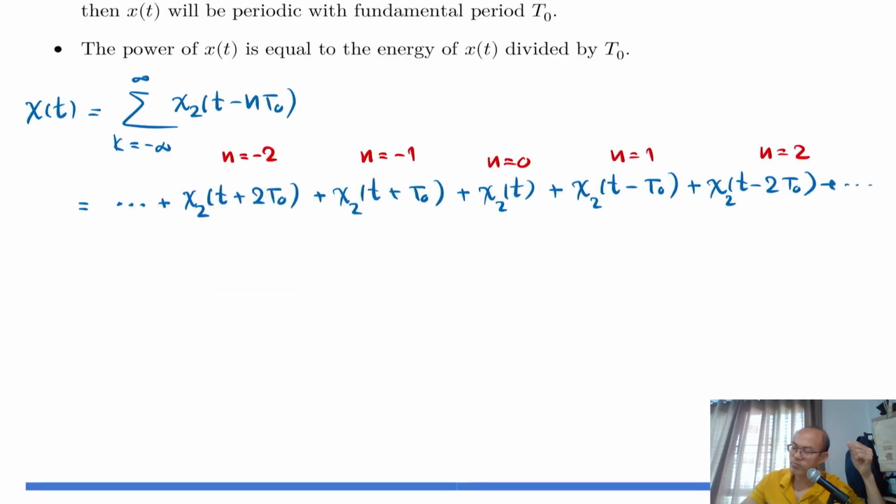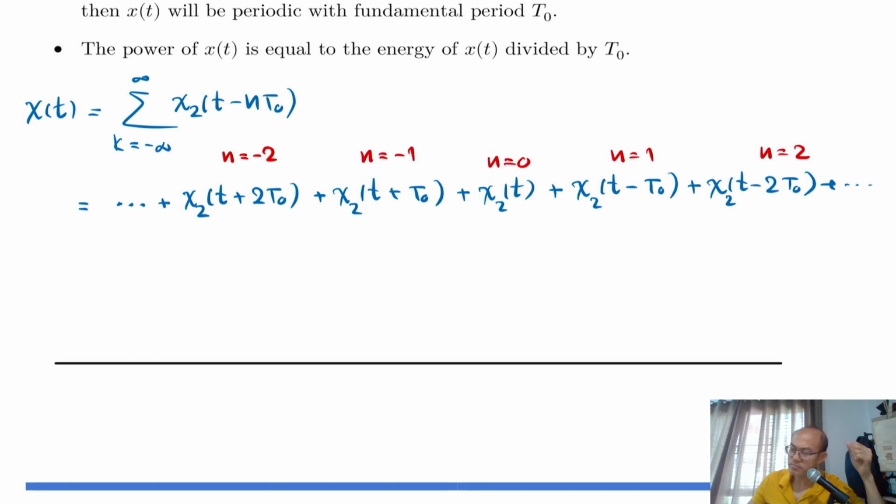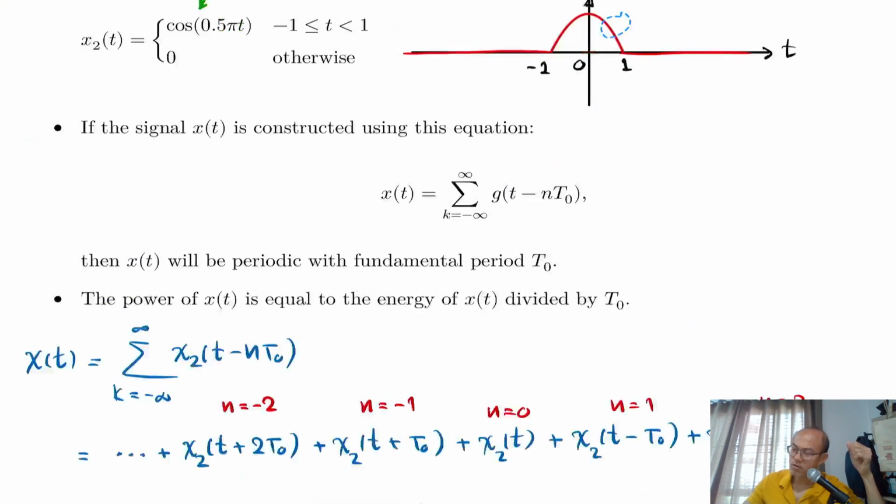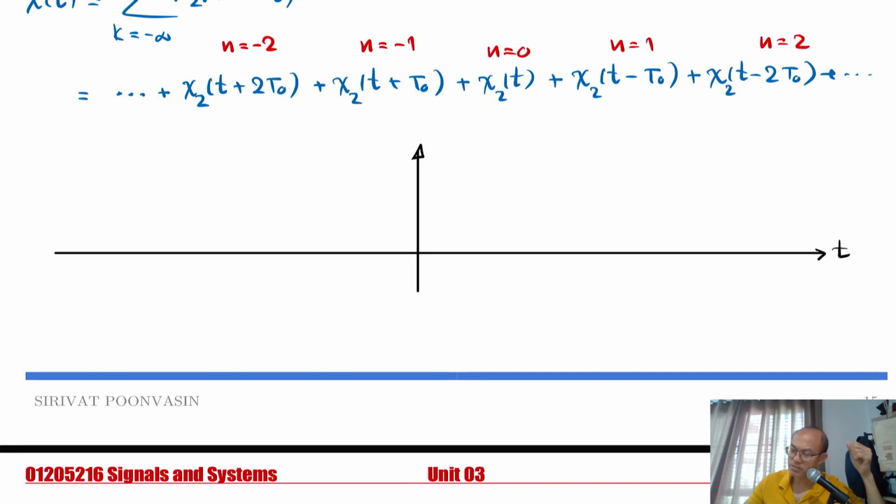So let's plot this one. Now let's start with this guy. This guy is just x2, right? So I'm gonna copy this over. So this is x2. This is n equal to 0.